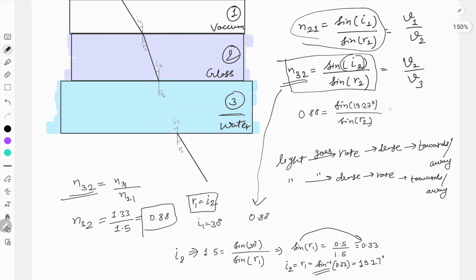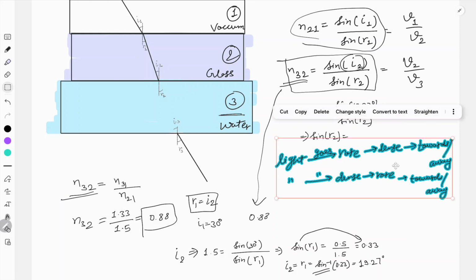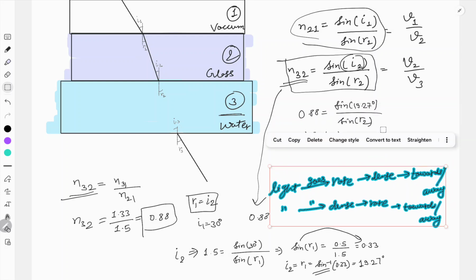So from here we can find, take again sine 19.27, it will come out to be 0.33.